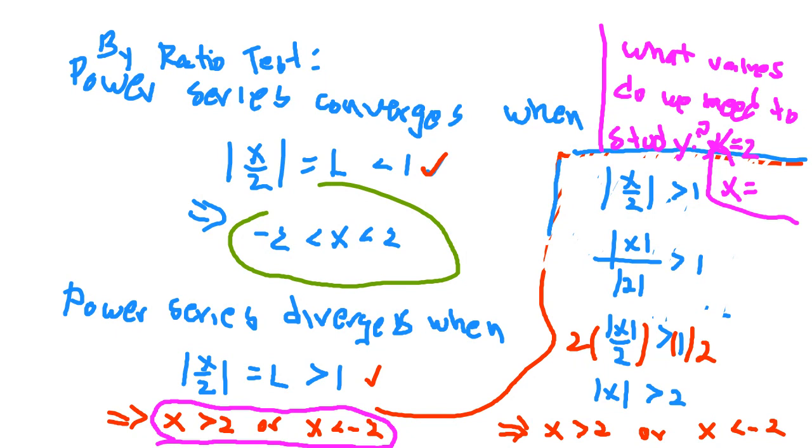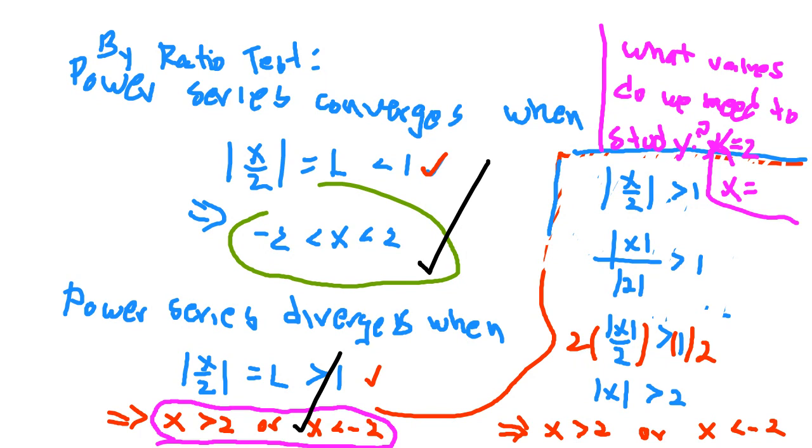So the ratio test gave us information about convergence or divergence of our power series over different x values. Our power series converges when x is between negative 2 and 2. The power series diverges when x is greater than 2 or x is less than negative 2. So what values of x do we need to worry about that we haven't covered yet?